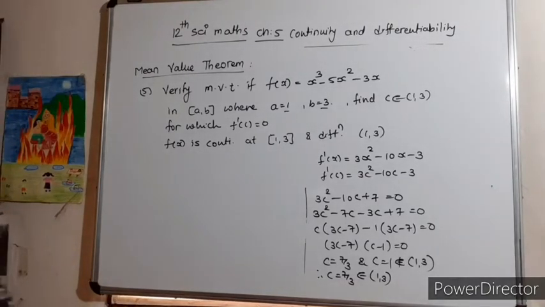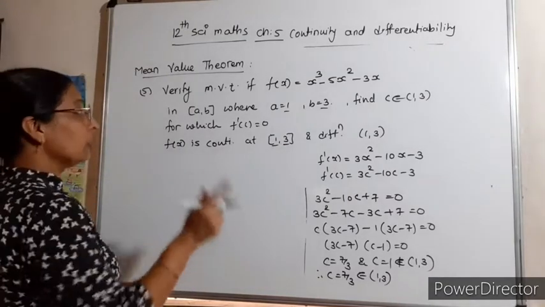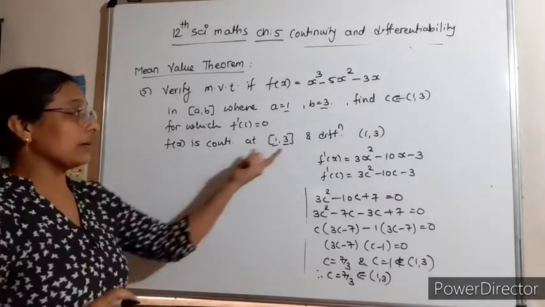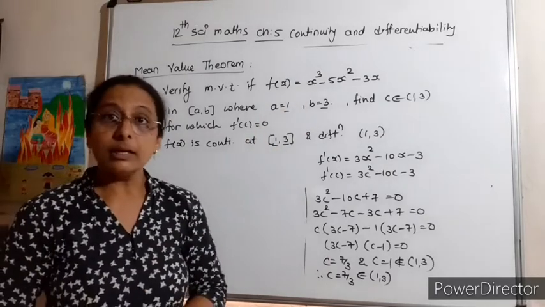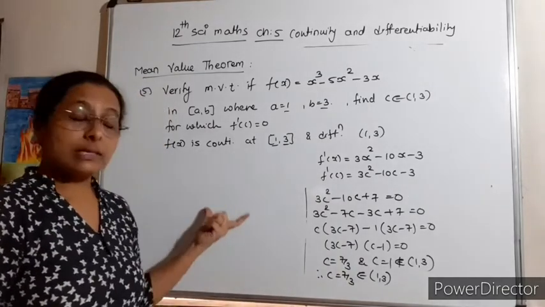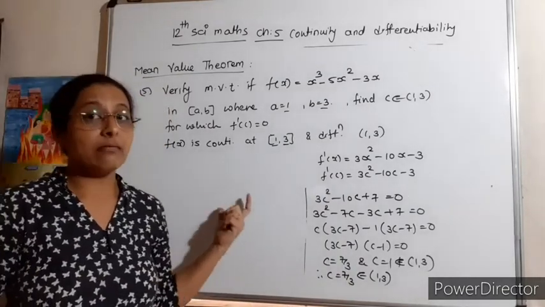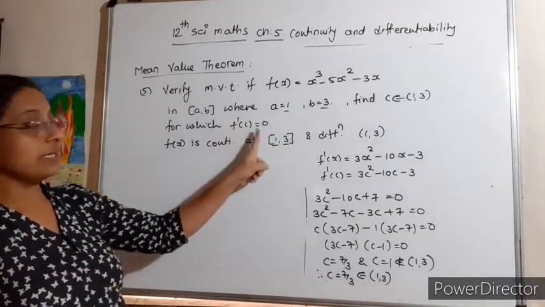Here a and b are 1 and 3, so we cannot apply Rolle's theorem. Why? Because f of 1 is not equal to f of 3. Then only we apply the mean value theorem. So Rolle's theorem apply नहीं होगा, and that way we cannot find the c. But आपको वो c find करना है where f dash c equal to 0.